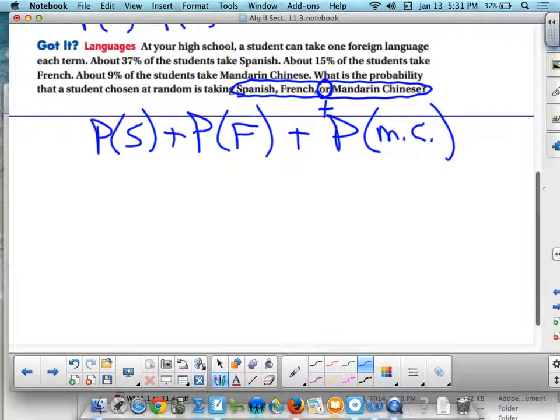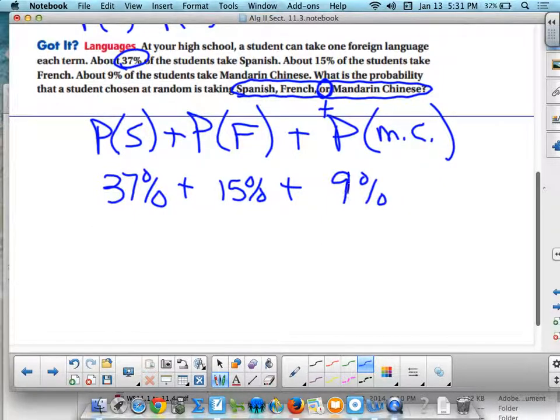Okay, and you will get, if you read the problem up above, 37% take Spanish plus 15% take French plus 9% take Mandarin Chinese, which equals a total of 61%.